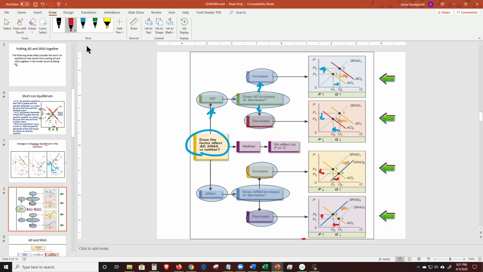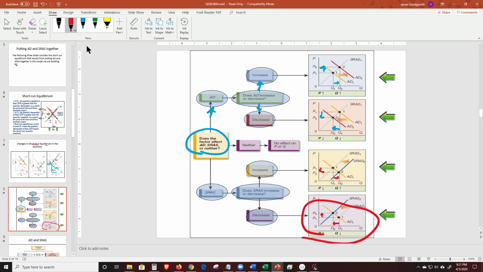And right here are our two causes of recessions: a shift to the left of aggregate demand or a shift to the left of short-run aggregate supply. Good God help us if both of these happen at the same time, eh? I know that right here, the government spending has increased, so they're trying really to push against this from happening.